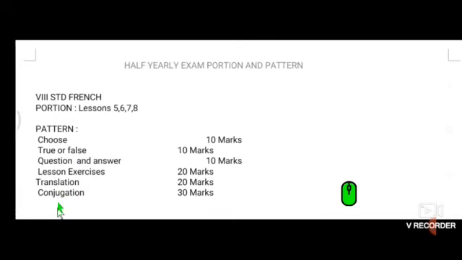And conjugation, I think 5 to 6 conjugations. According to the conjugation, you can write all the conjugations on one single page. So mark it number 1, 2, 3, 4, 5 and make it a single page. For example, this is page number 1, page number 2, and this is page number 3, 4, and this is page number 5, 6, and this is page number 7.